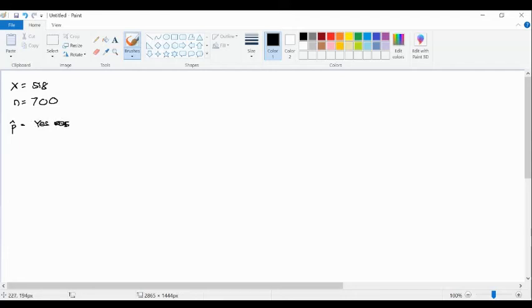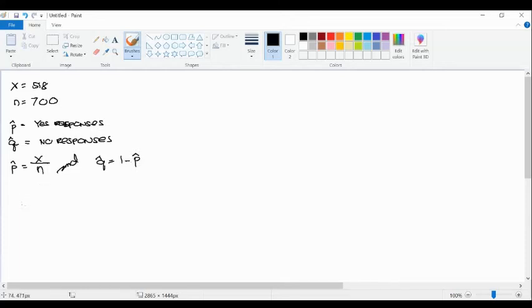Now, let's use Q hat to represent the proportion of no responses. Then we're going to write the formula for P hat. That will be X over N. And for the Q hat, that will be 1 minus your P hat.